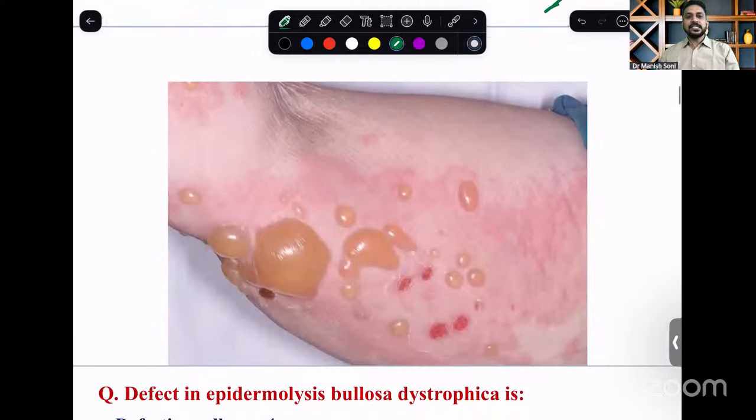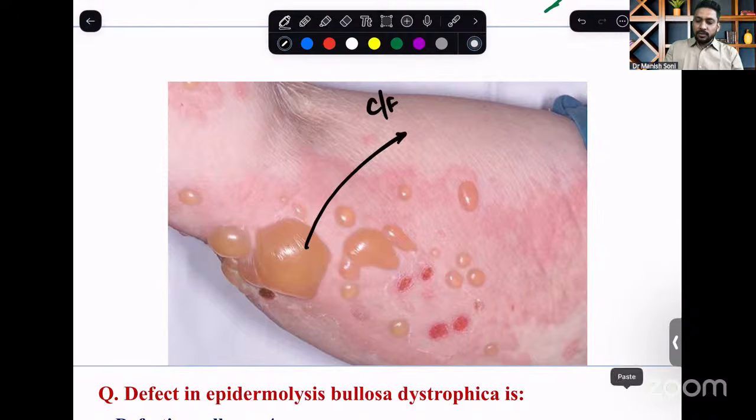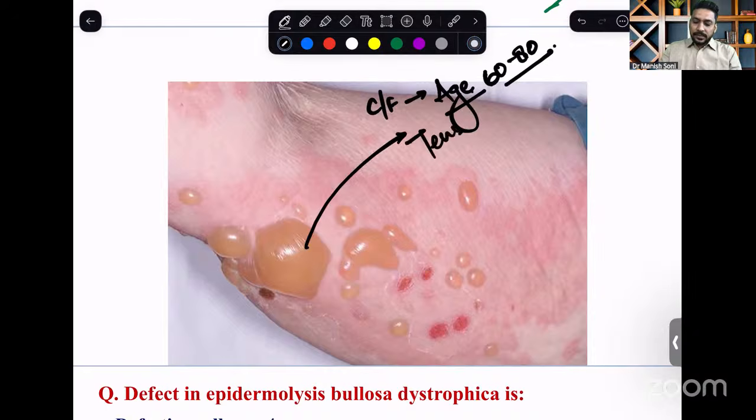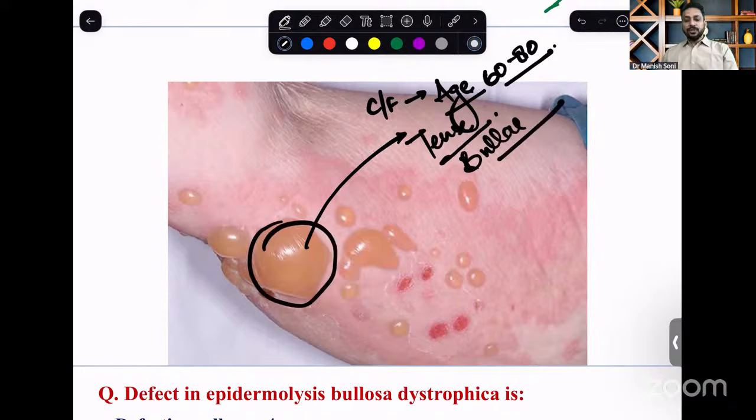Here you can see a patient suffering from bullous pemphigoid. In the clinical features, you will notice that this is a condition which usually develops in old age, around 60 to 80 years. So an old individual presents with tense bulla, large fluid-filled lesions, and you can see that they are very large and tense.